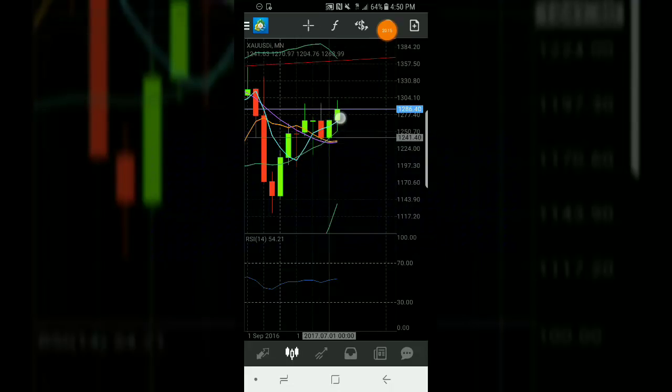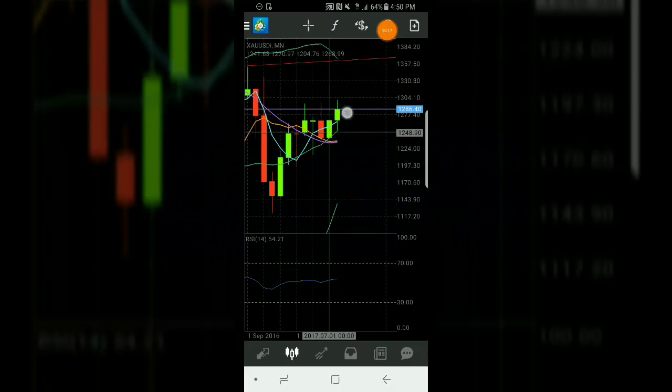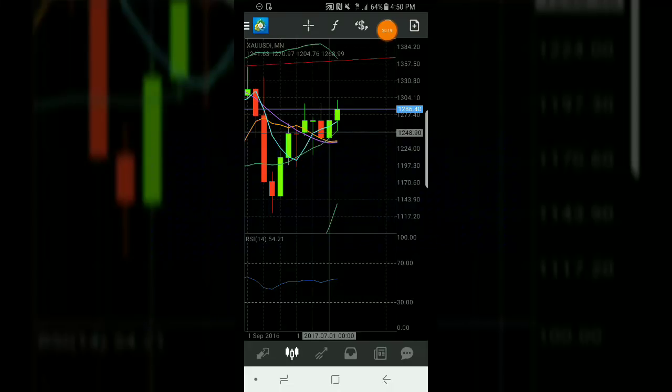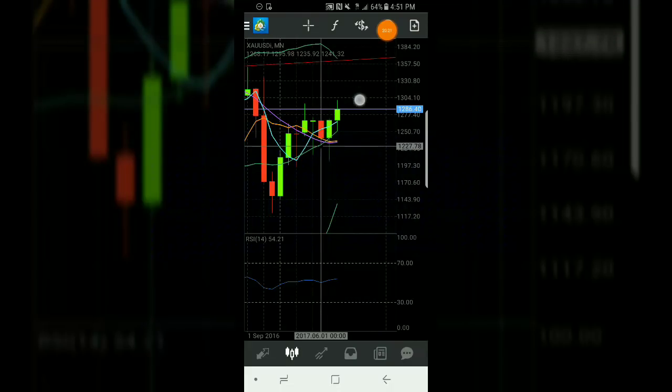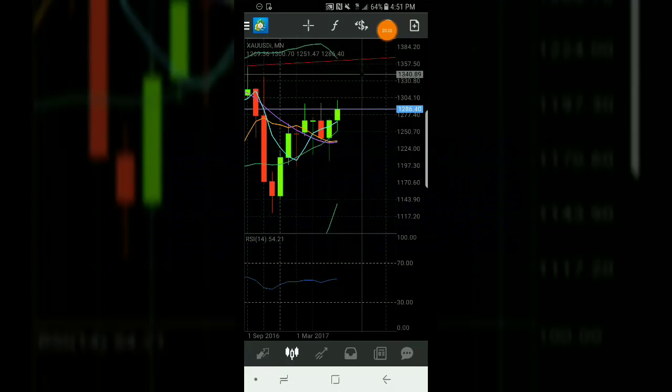So we have two green bars. Though it may pull back, they will generally start a new month, pull back, and then take off. Then pull back, start a new candle, pull back, take off, pull back. So you're going to have multiple green bars in a row going straight up. You may have one red slightly, but I don't think so. I think it's going to be a strong push up, just like the euro did.